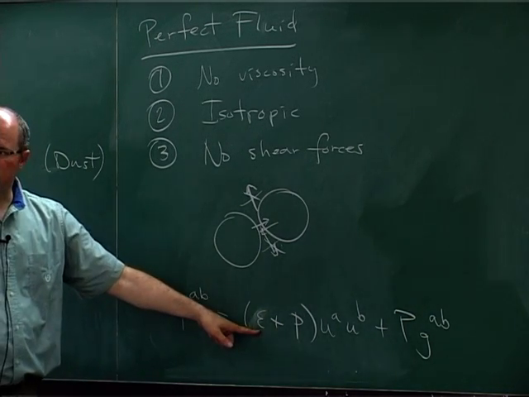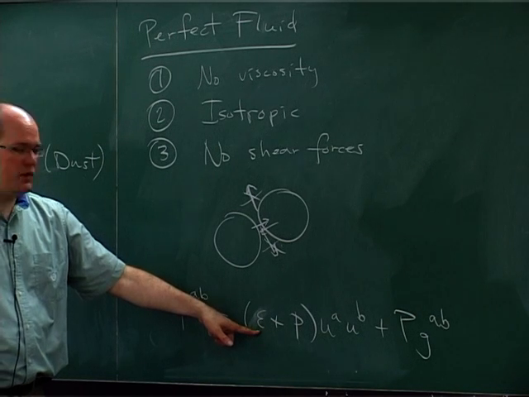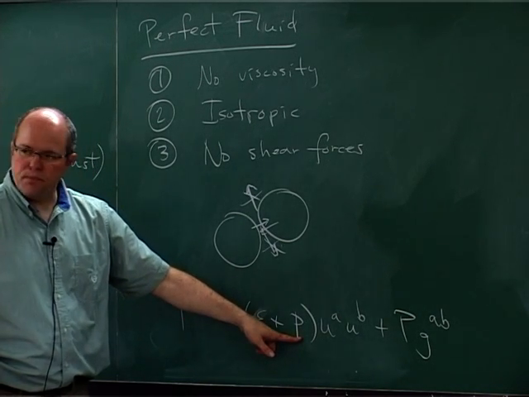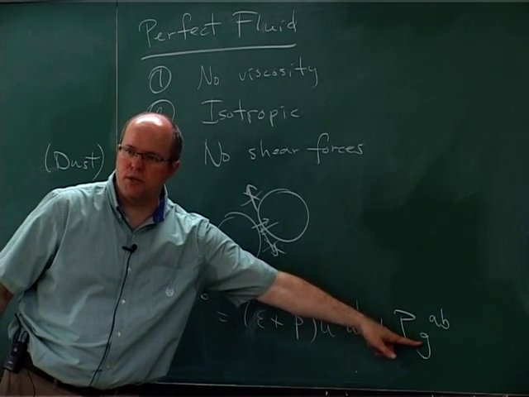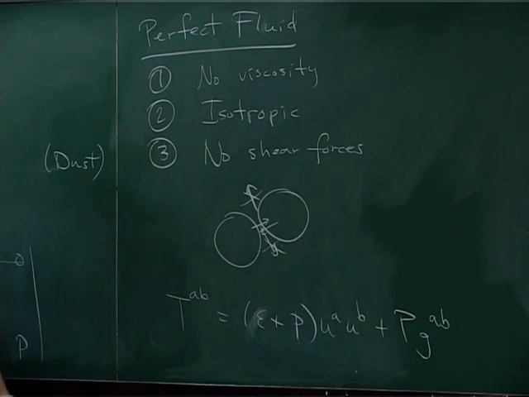Epsilon here is the total energy density of the fluid, and this is the pressure, the 4 velocity, the pressure, and the metric.